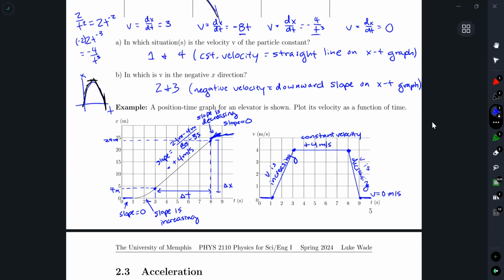Does this graph make sense for an elevator? Is this your experience with an elevator? Think of x as really a vertical coordinate. You're walking to the elevator, you get in. Okay, elevator is stationary at first, sounds good to me. Then it speeds up because it has to get moving until a little bit later, it levels out, right?